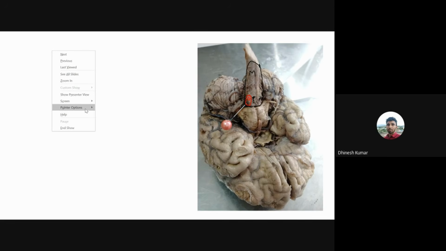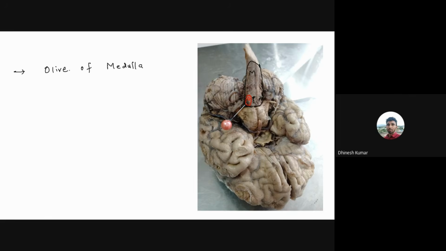Anybody? So the answer for the question, identify the pinned area. Those oval shaped elevations are called olives. So the answer is olive of medulla. Just lateral to the pyramids, we have the olives.